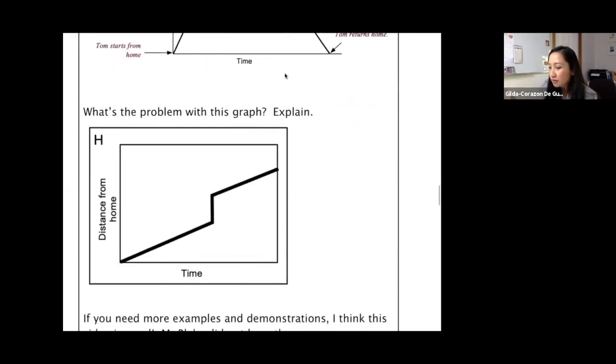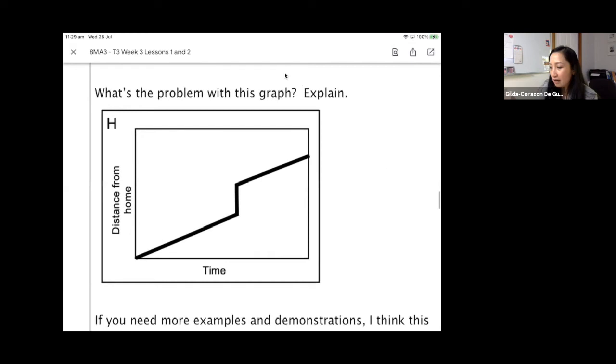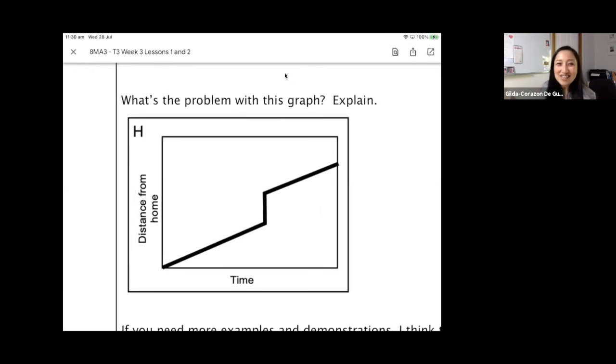Now, let's have a look at this one here. What's wrong with this graph? Okay, so for sure, he can't teleport. How do you know that he is actually teleporting here, Daniel? Why? How? So we know we can have a horizontal, but why can't we have a vertical? If the line is straight up, then that means they just traveled a bunch of distance instantaneously, right?